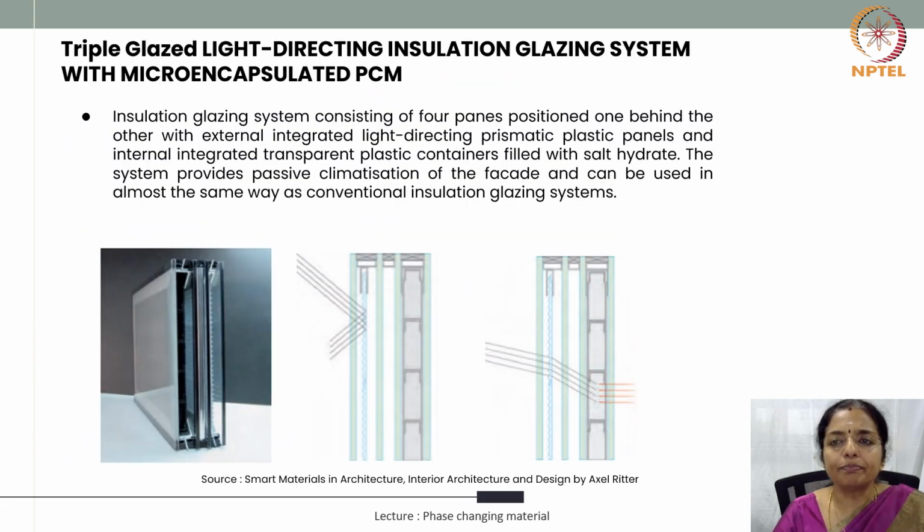So, what is this triple glazed light insulating glazing system with micro encapsulated PCM? The insulation glazing system consists of 4 panes positioned one behind the other. So there are 4 panes, 1, 2, 3, 4, giving us 3 cavities, 1, 2 and 3.